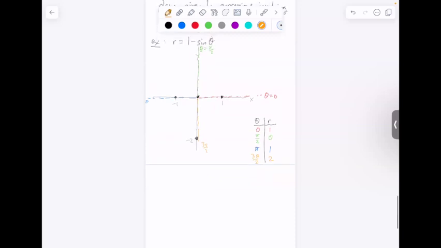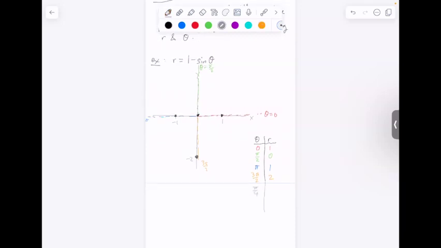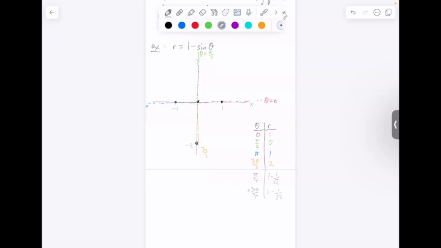Okay, so now we have 4 points, and let's try and find some more. There are other basic points we could try. If I do pi over 4, there's 1 minus 1 over root 2. If I do, let's say, 3 pi over 4, sine of that is also going to be 1 over root 2. So this is 1 minus 1 over root 2, right? So that's roughly, if I look at this, pi over 4, then I'm going to be not quite 1 away, but 1 minus a little bit away.